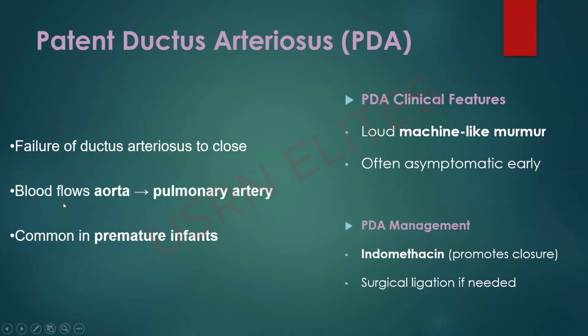In this patient, you see blood flowing from the aorta to the pulmonary artery, and it is common in premature infants. So this is how you can sense it or hear it. When you auscultate their heart sounds, you're going to hear a machine-like murmur, and it's often asymptomatic, especially at the earlier phase.